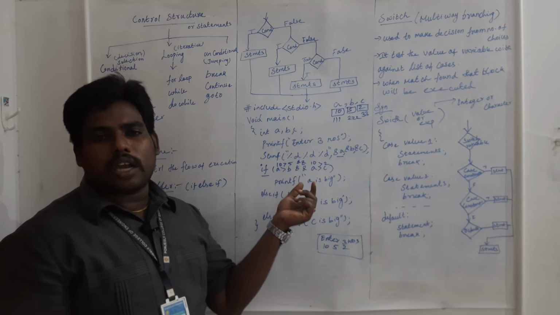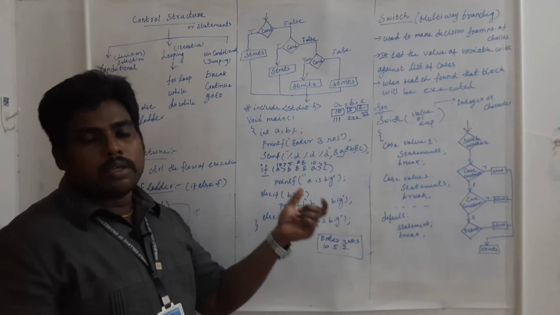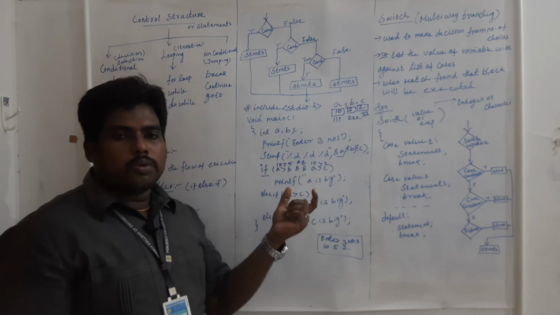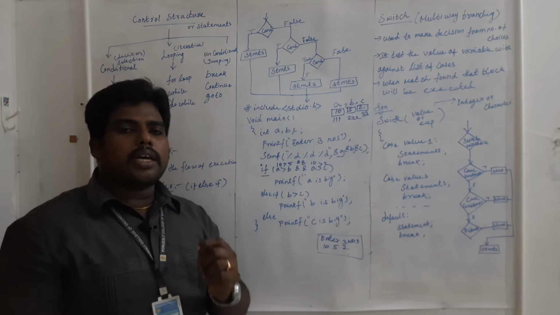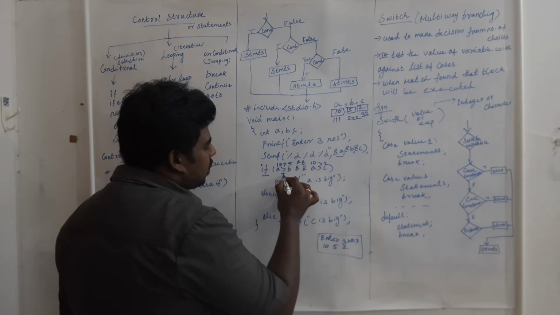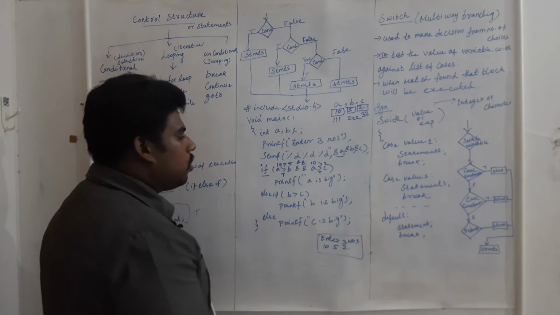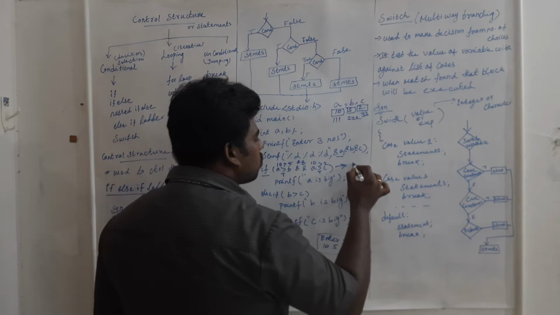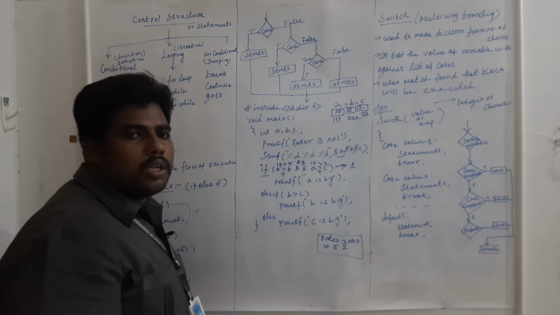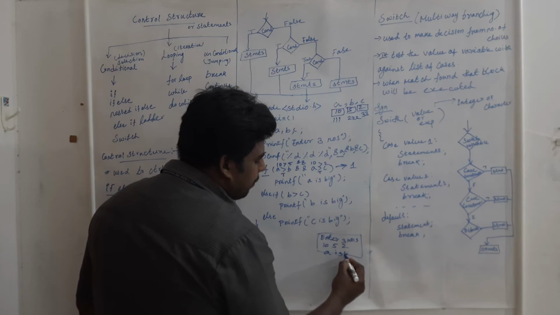What's the use of logical AND? It is used to check that both conditions must be true. 10 greater than 5, this condition is true. Again 10 greater than 2, this condition is also true. So here the output is 1, so the if condition is true. If the condition is true, it will print a is big.